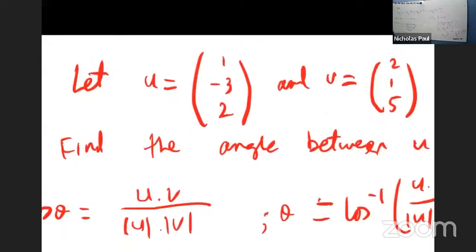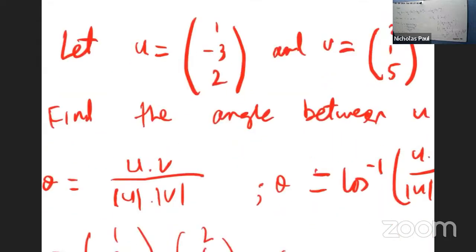Here we have two vectors. Find the angle between them.